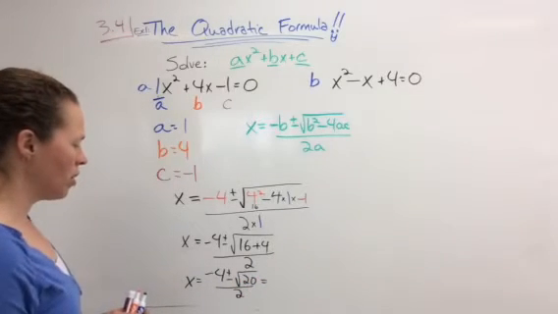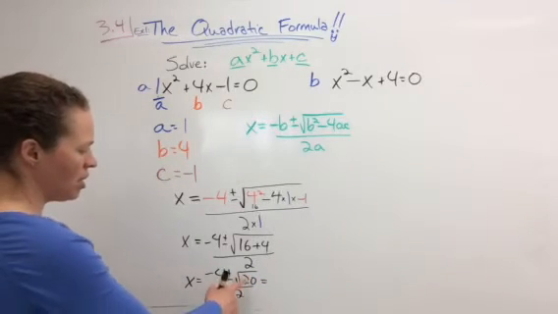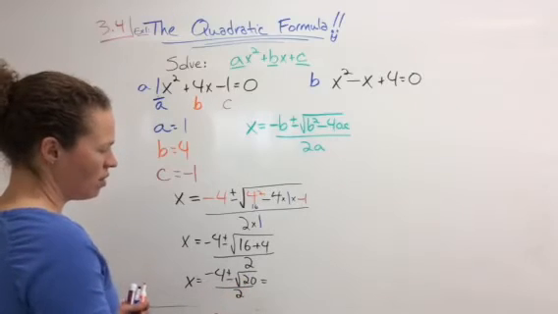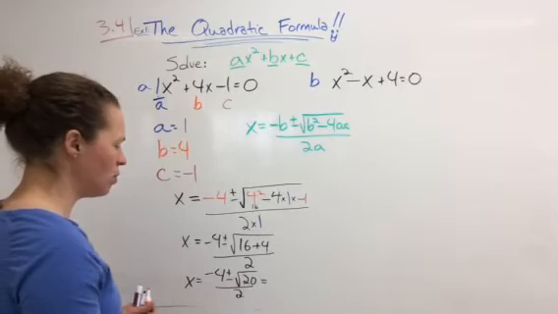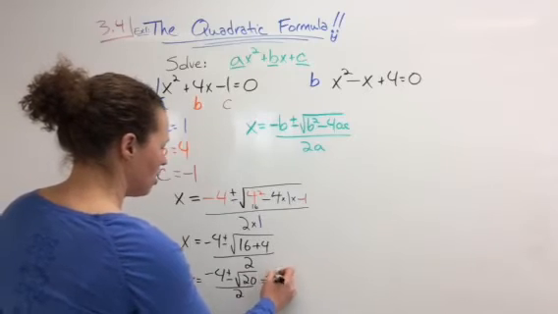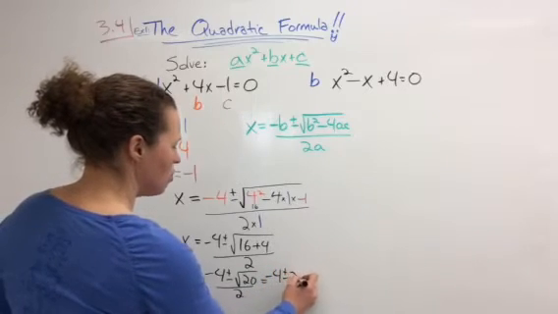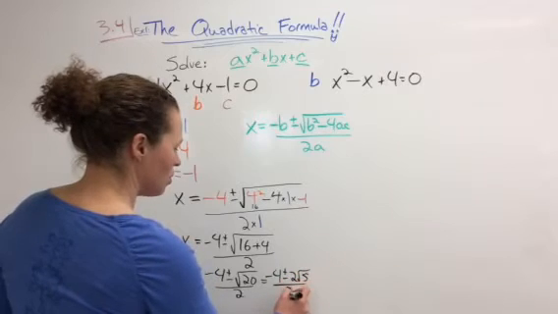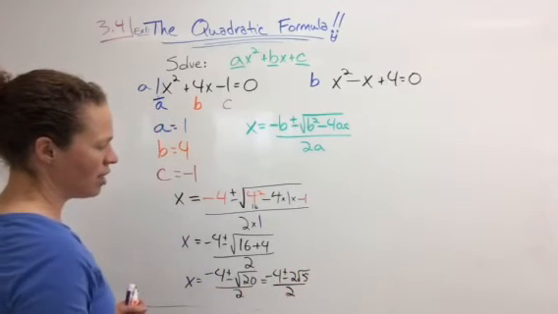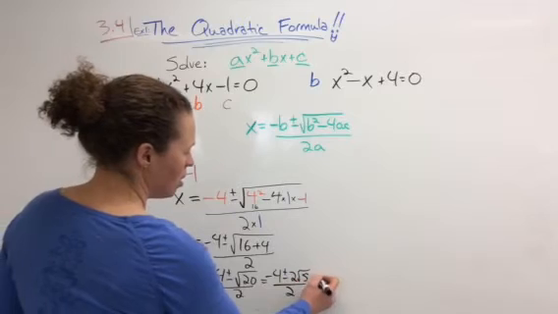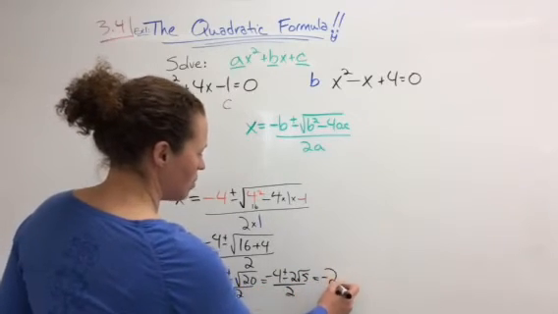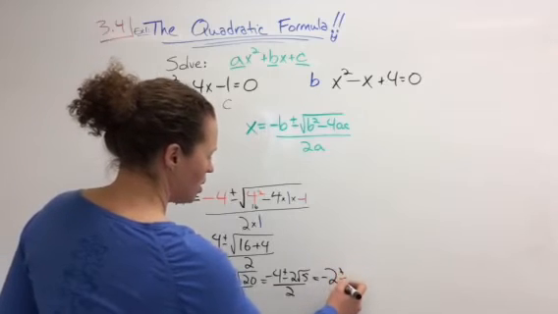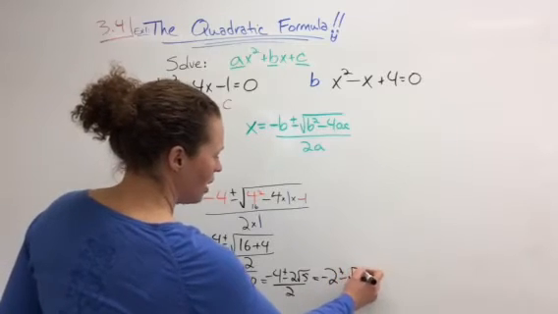This is a part where we have to look at it and realize that 20 has a perfect square factor of 4, so it's going to be negative 4 plus or minus 2 root 5 all over 2. And then when I look at these, I go, oh, hang on, there's a 4, a 2, and a 2 here, so I can actually reduce it to negative 2 plus or minus root 5.